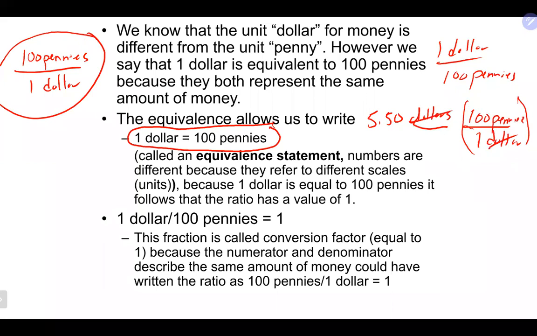The dollars would cancel. Once again, here I'm going to take 5.50 and times it by 100, which is up on top. And that gives me 550 pennies as my answer. So again, you want to get into the habit of showing your calculations like this, using dimensional analysis to do so.